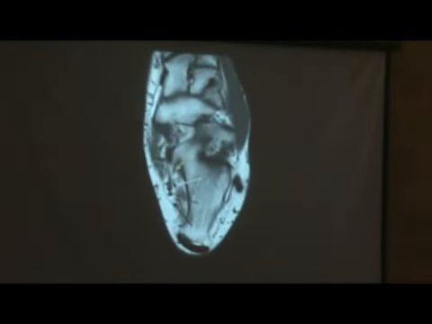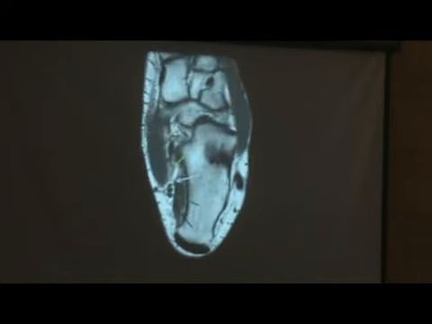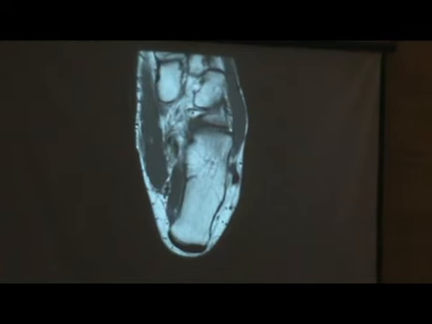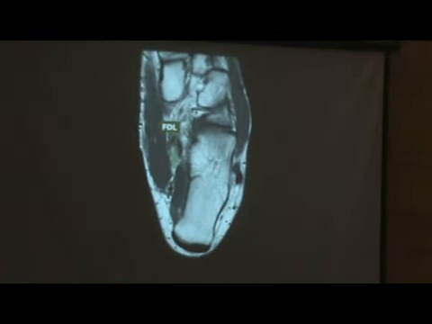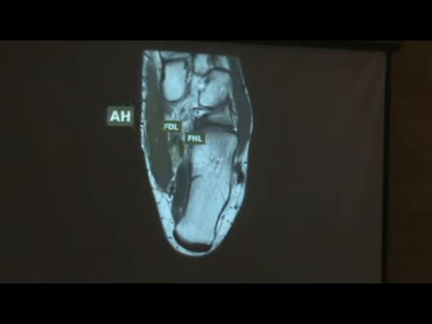We always have the vessels medially, as you can see. At this stage we see the medial plantar neurovascular bundle, surrounded by the flexor digitorum tendons and flexor hallucis tendons, as well as some muscles, the abductor hallucis muscle.